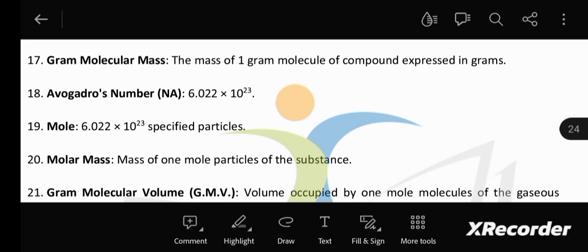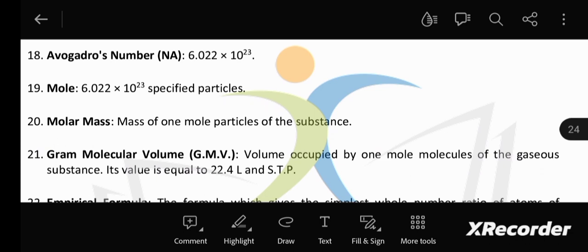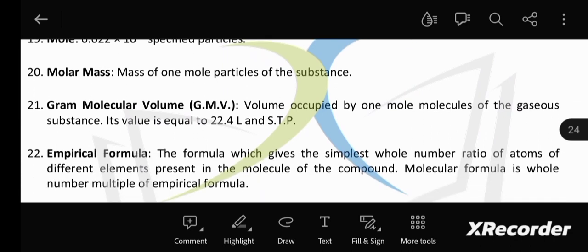You noted Avogadro number 6.022 × 10 to the power 23. Mole, 6.022 × 10 to the power 23 specified particles. Molar mass, mass of 1 mole of particles of the substance. Gram molecular volume, volume occupied by 1 mole of molecules of a gaseous substance, and its value is equal to 22.4 liter.